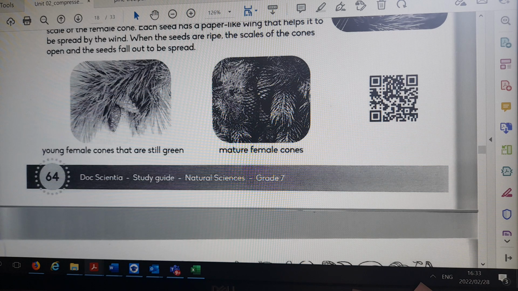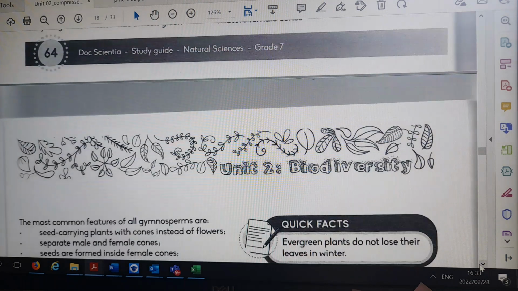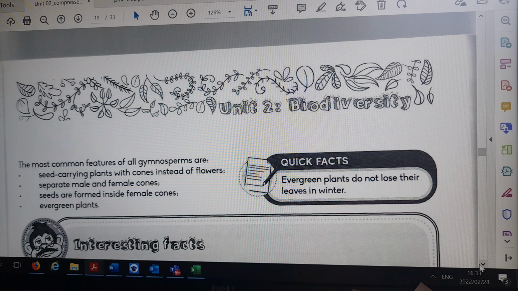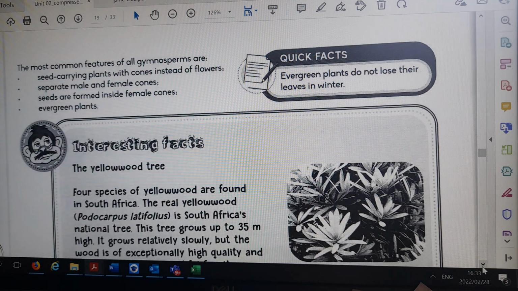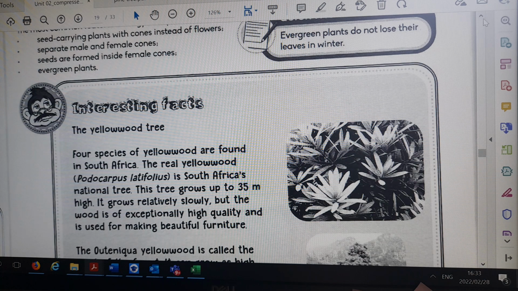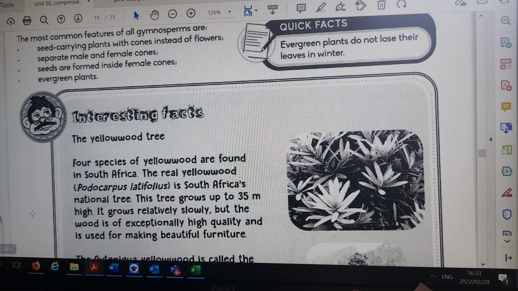These are the young female cones that are still green, and the mature female cones that have opened. I want to show you now the pine tree. Before I go here, I want to show the pine tree.